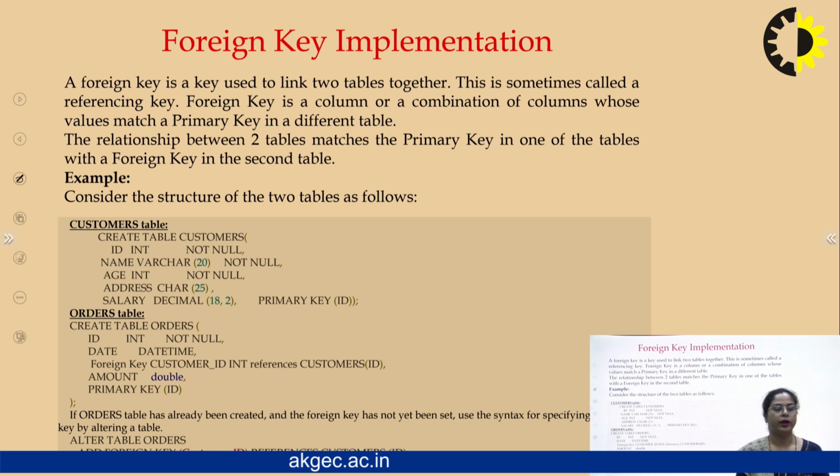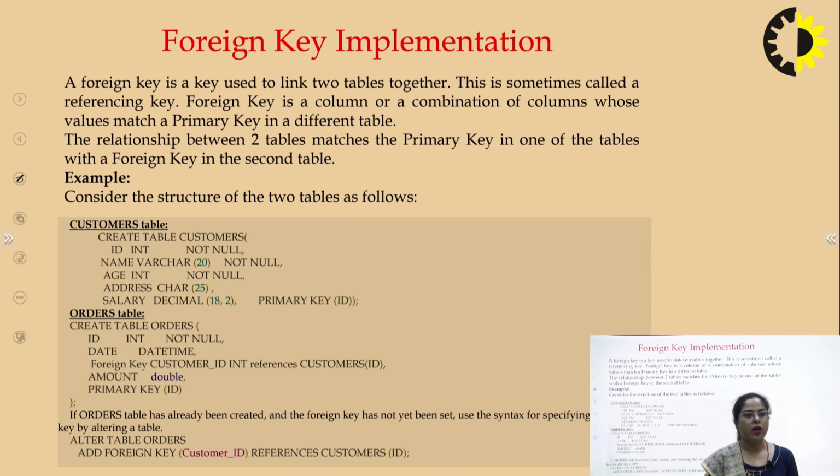Now the foreign key implementation. A foreign key is a key used to link two tables together. This is sometimes called a referencing key. A foreign key is a column or a combination of columns whose values match a primary key of a different table.